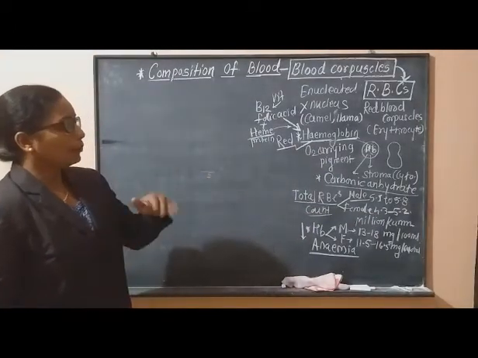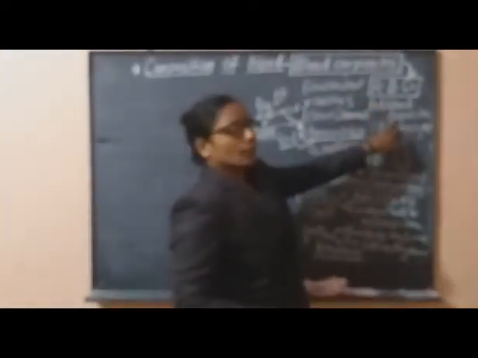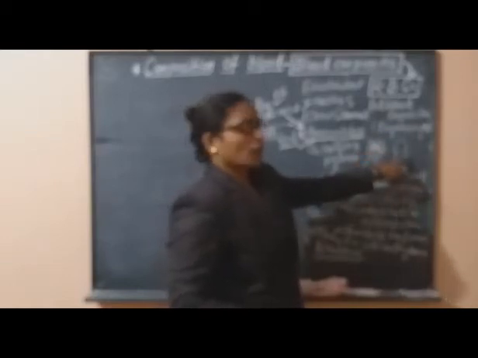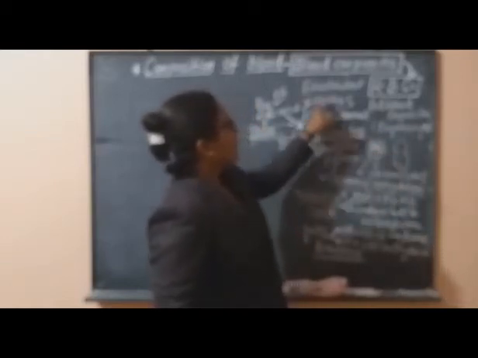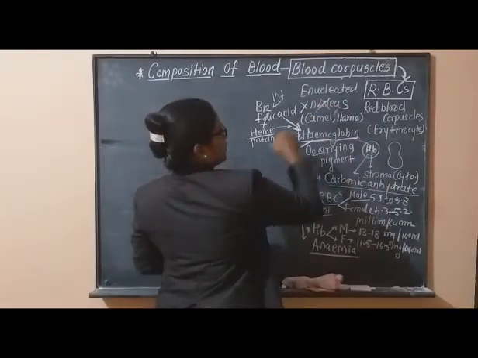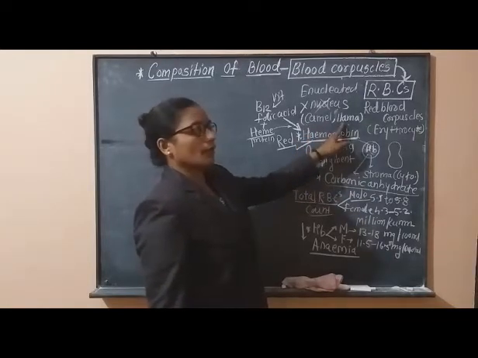Okay. Now I will repeat it again. RBCs, that is red blood corpuscles, are circular and biconcave. These RBCs are enucleated. That is, nucleus absent. Nucleus is not present. Only exception is camel and llama.